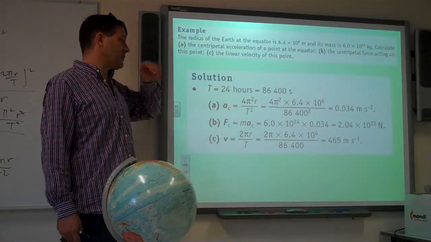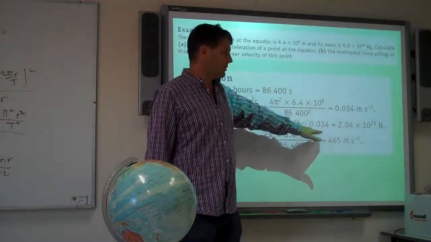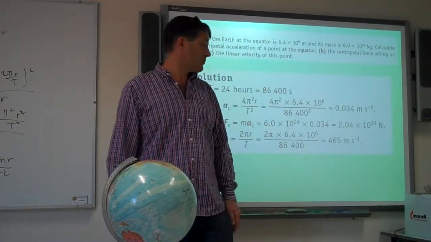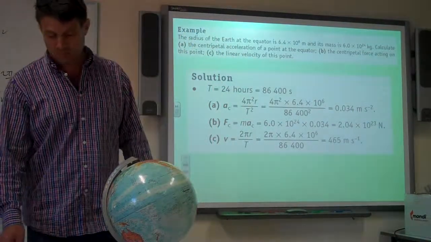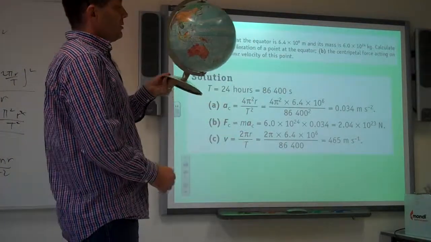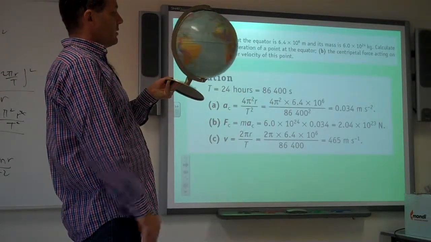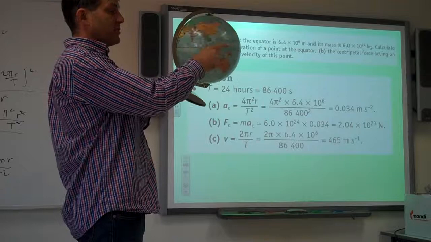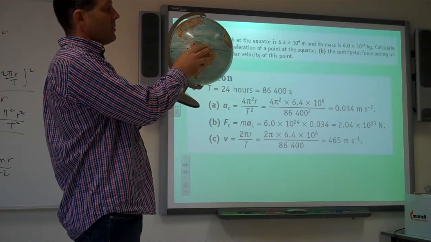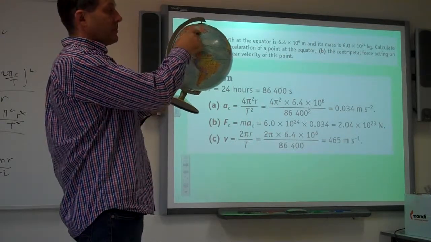And the velocity at that point is going to be the distance around the equator divided by the period. It's going to be 465 metres per second. So when it's zipping around that way, at that point you're actually moving at 465 metres per second, which is why the Americans, when they launch their rockets, do it down here in Florida as opposed to up in Maine.